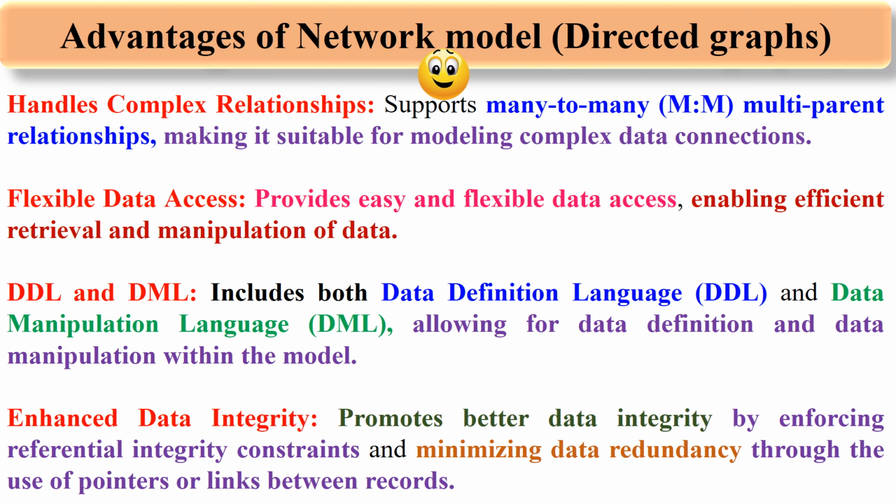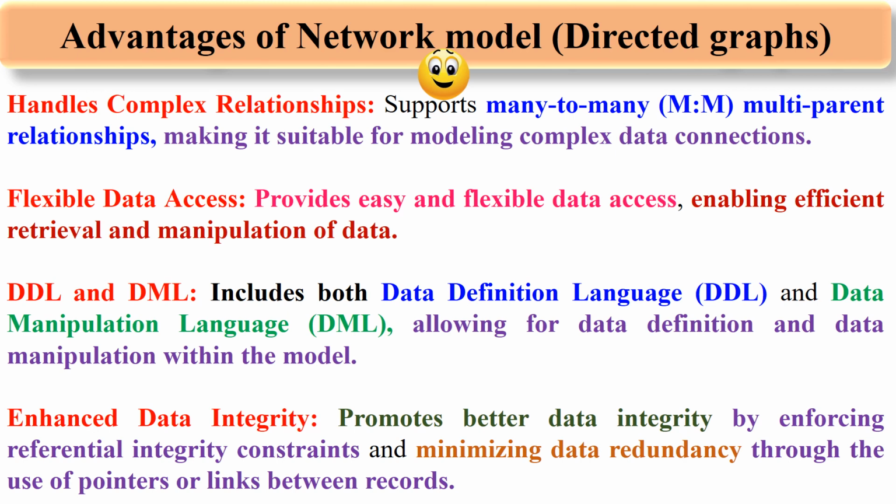Advantages of network model, directed graphs. Handles complex relationships, supports many-to-many, M-is-to-M, multi-parent relationships, making it suitable for modeling complex data connections. Flexible data access. Provides easy and flexible data access, enabling efficient retrieval and manipulation of data.